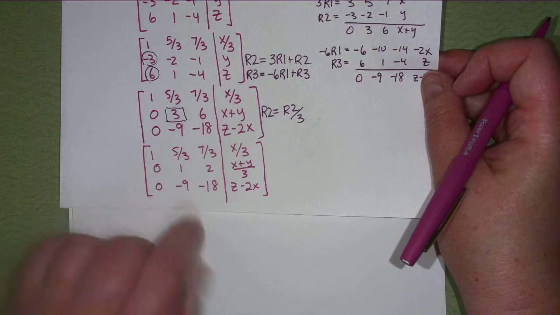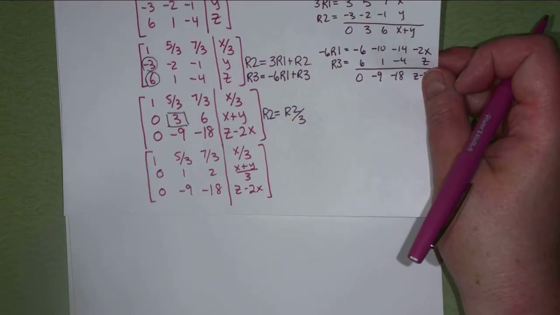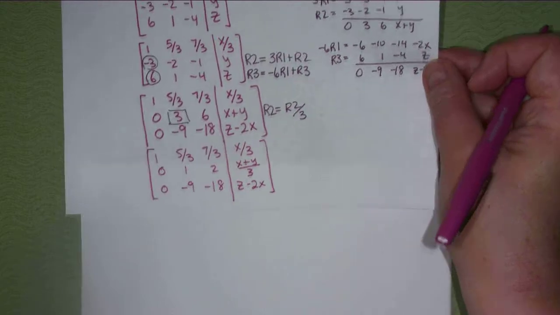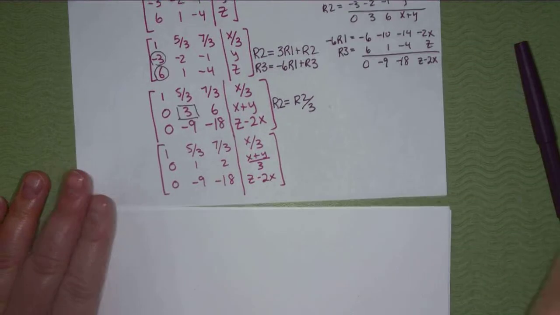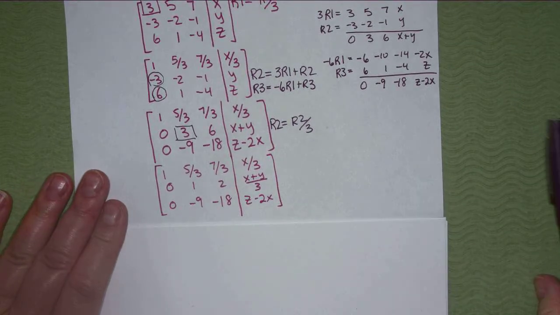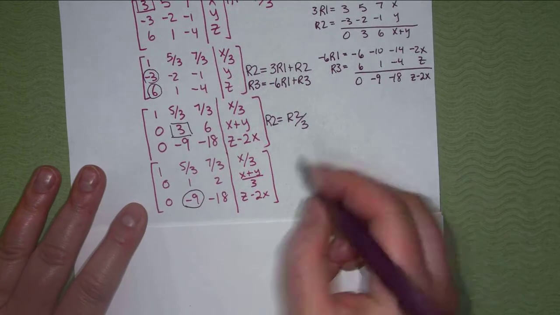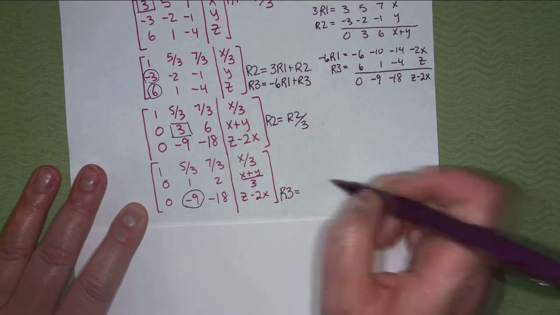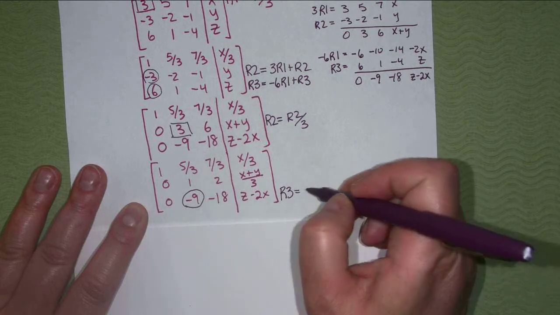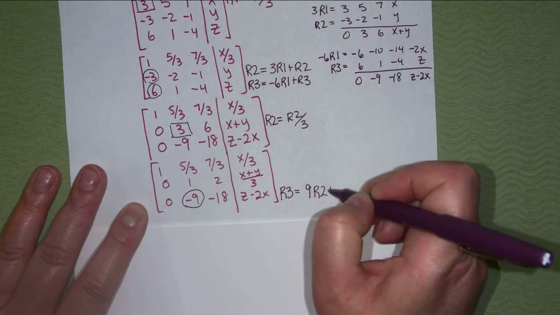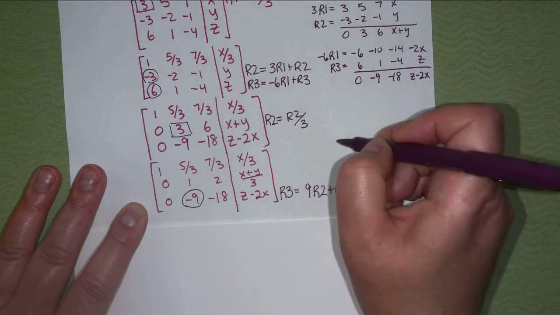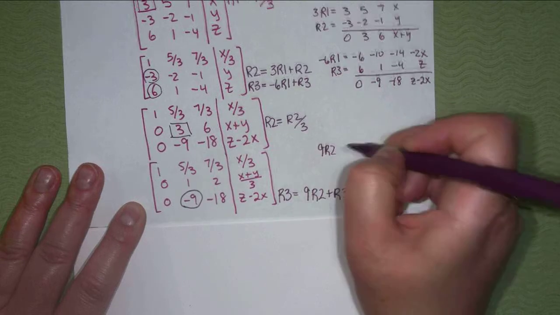So let's just get rid of that -9. You don't need to really do anything with the top row. So, if we were to get rid of this -9, that's in row 3, we want 9 times row 2 plus row 3. So 9 times row 2.